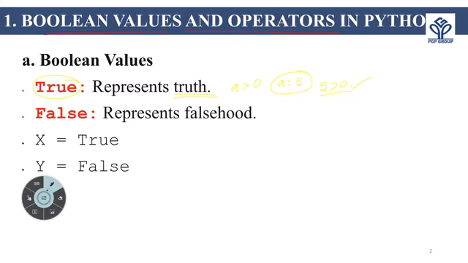True, so we use true. Suppose a is equal to -1, and our condition is a greater than 0. Is -1 greater than 0 true or false? Absolutely, this is false, so we use false. So we assign x equal to true, y equal to false.